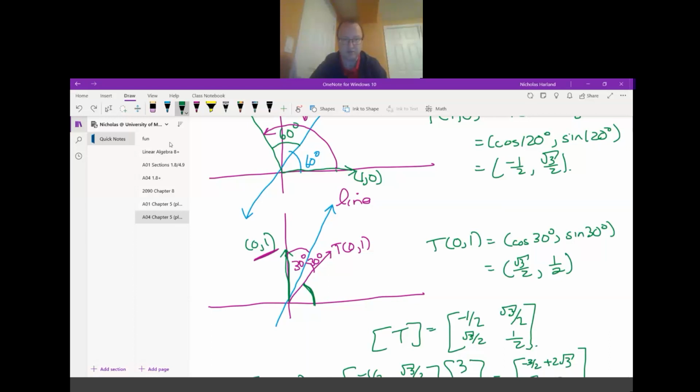So if we're going to use cos theta, sine theta, we need to know this angle theta right here. In this case, this whole thing is 90 minus 30 minus 30, so it happened to be that theta equals 30. And hence, that's where the 30 degrees came from that went into the formula.